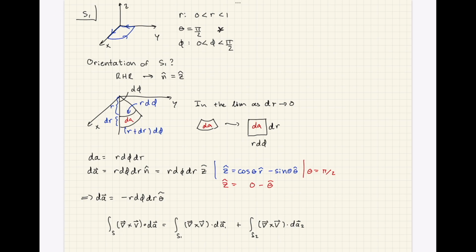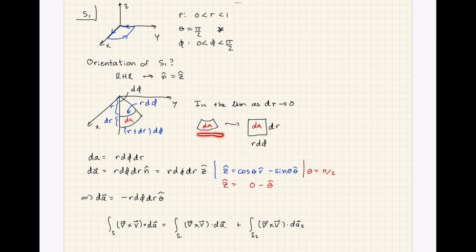So an important question is, what is the orientation of the surface? To do that, we use the right-hand rule. We get that our normal direction is in the z-hat direction. So now the next question is, what is my elemental area? I can draw a little chunk by changing d phi and an extra chunk by changing dr. So this here is my area.